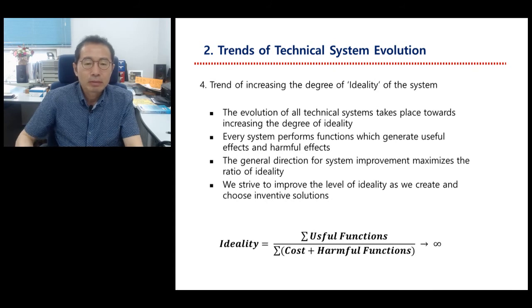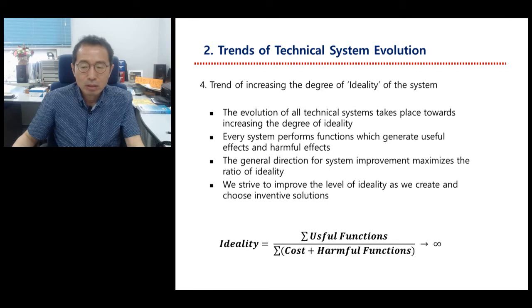The next trend is increasing the degree of ideality of the system. Ideality indicators can be used as a measure of the level of a technical system. Ideality is the sum of useful functions performed by the technology system divided by the sum of costs and harmful functions.